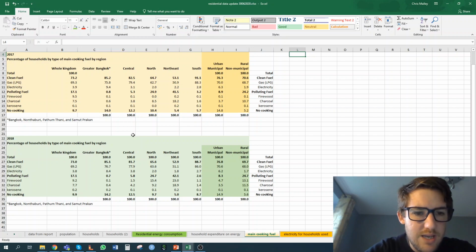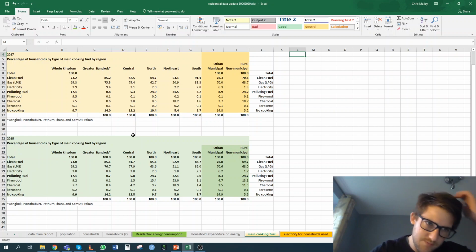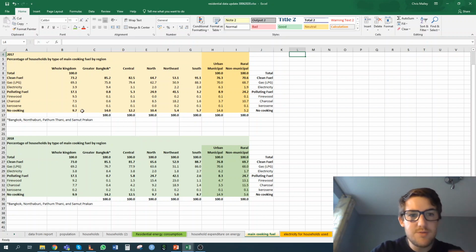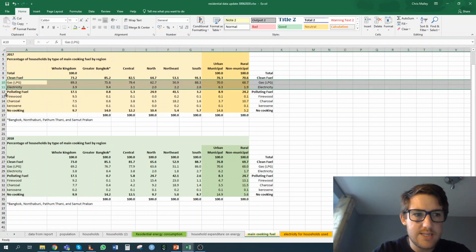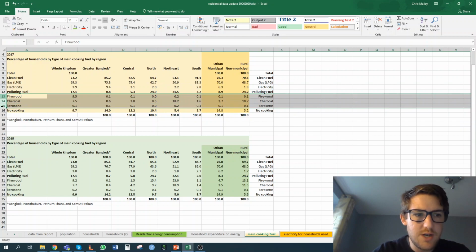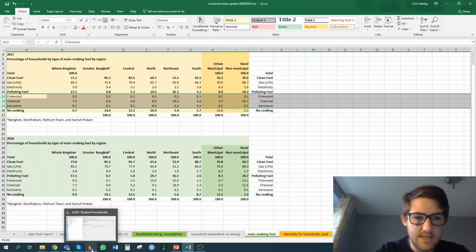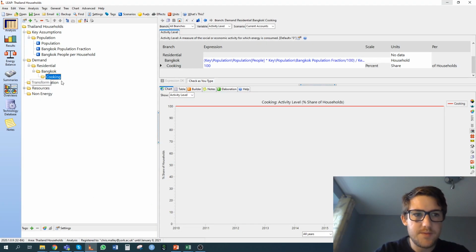It gives you by region the percentage of households who are cooking using different types of fuels. So the first thing we need to do is add these fuels into LEAP. So we've got 5 fuels that are used for cooking: gas, electricity, wood, charcoal, and kerosene. And no cooking. We don't need to add in no cooking.